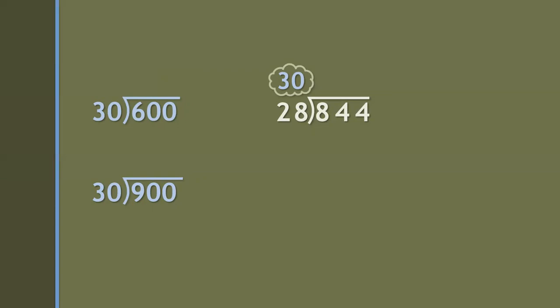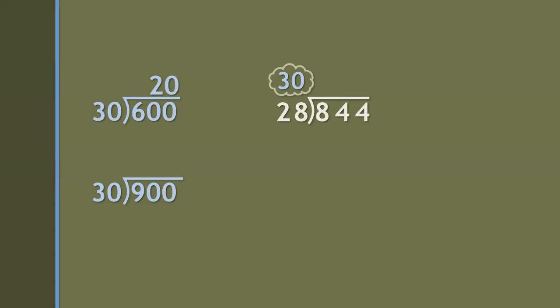Well, we know that 30 goes into 60 twice. And so we're going to say that that is going to be 2. And then we're going to bring up our other zeros, and we're going to say that that's going to be 20. And so 20 times 30 is 600. And so we can say that 28 goes into 844 approximately 20 times.